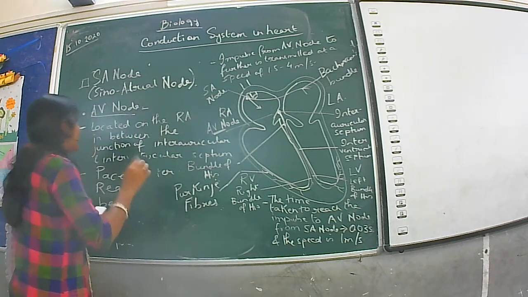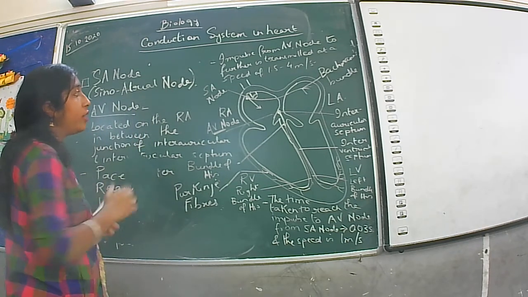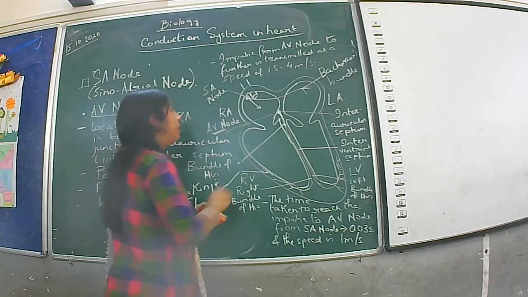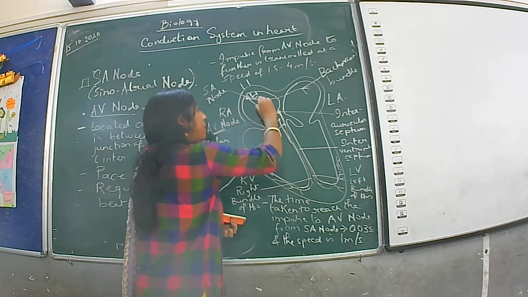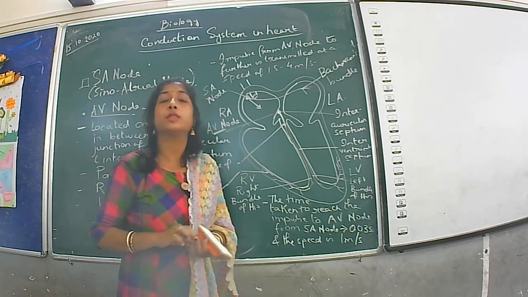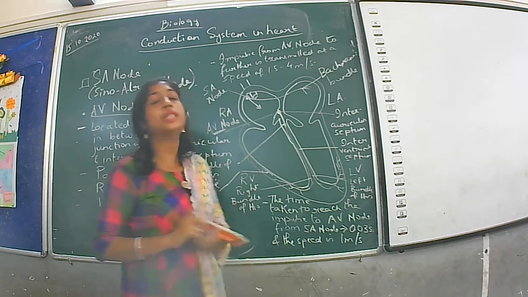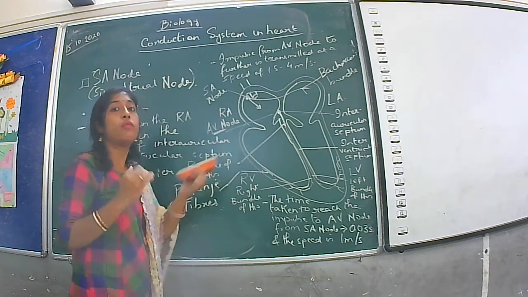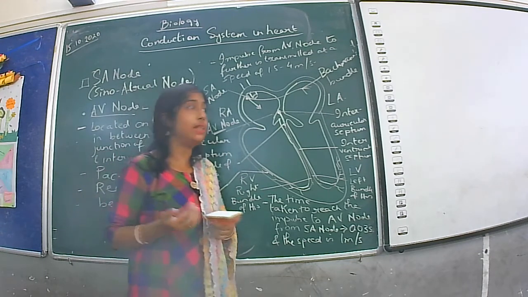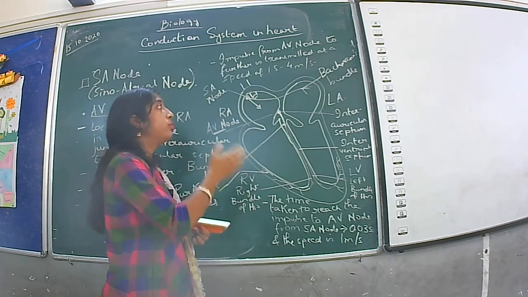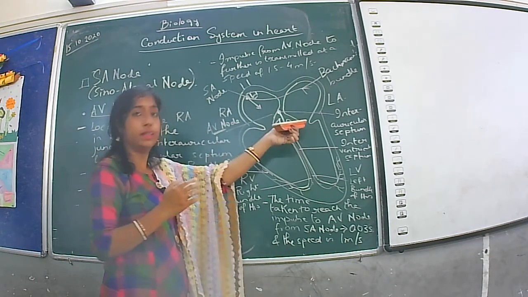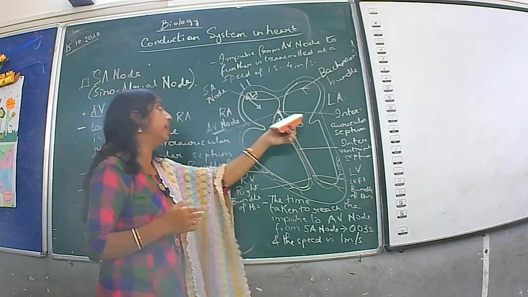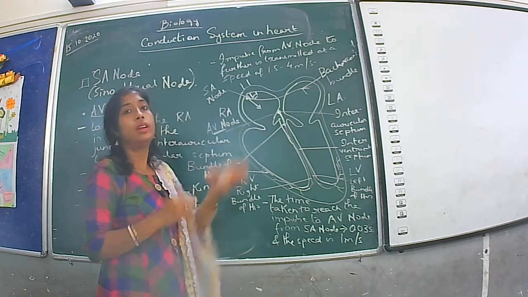Now, when the sinoatrial node transmits the impulse, it is transmitted at a speed of 1 meter per second. Okay, and this is the place from where the impulse is generated, and it is transmitted through the left auricle and the right auricle, and finally reaches the AV node.